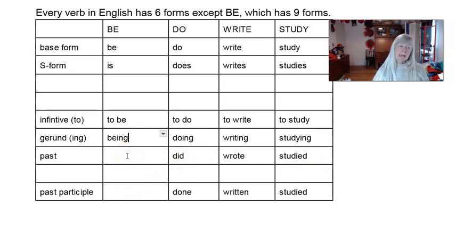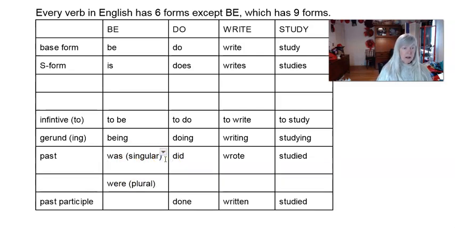Now, be in past, it's the only one that has 2. It has was for singular, and it has were for plural. And the was for singular includes I. So it's I was, he was, she was, it was.